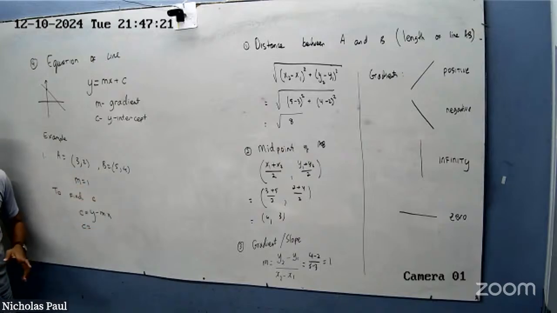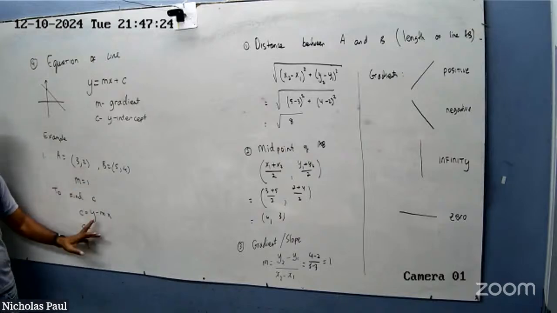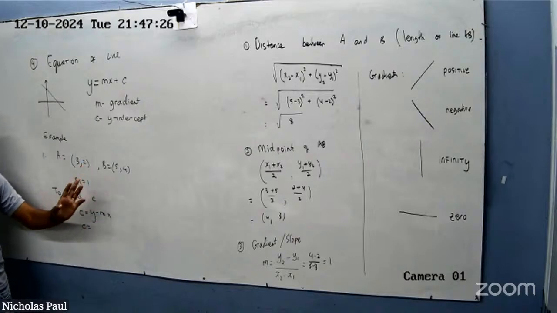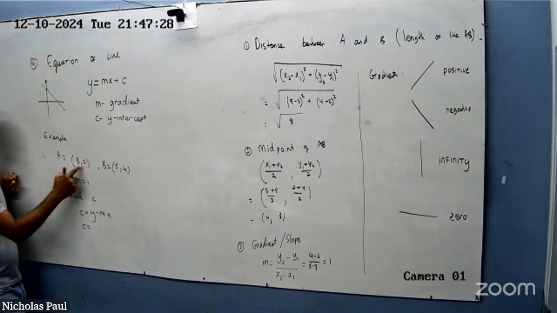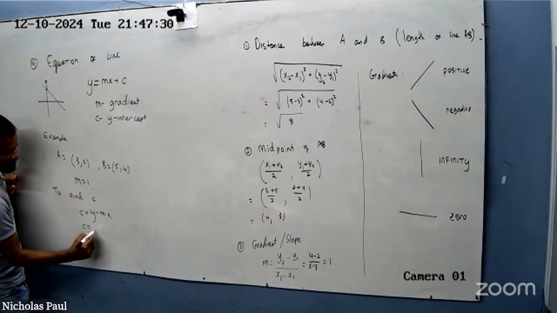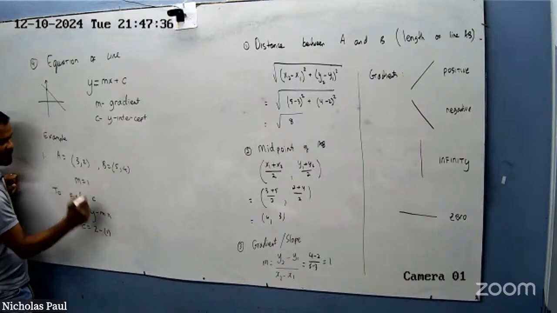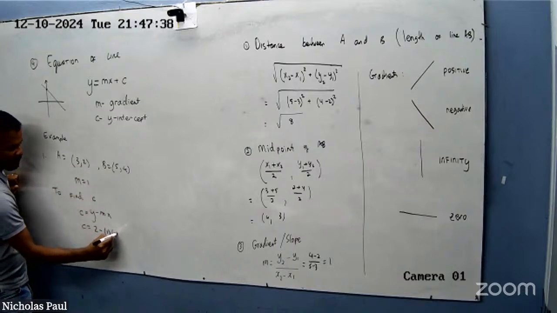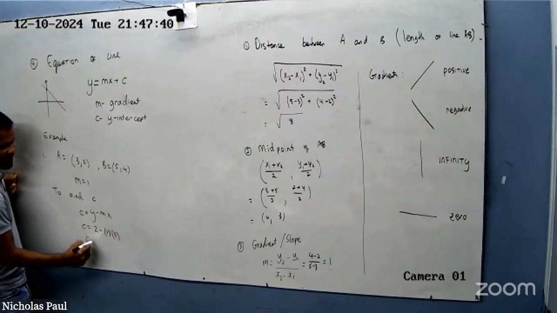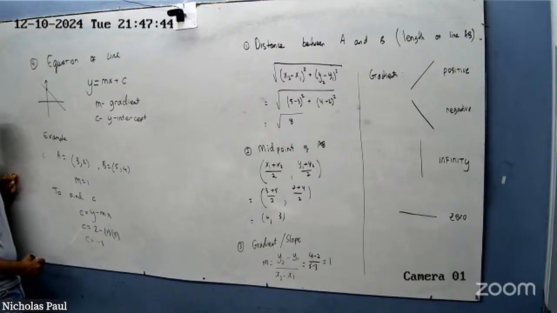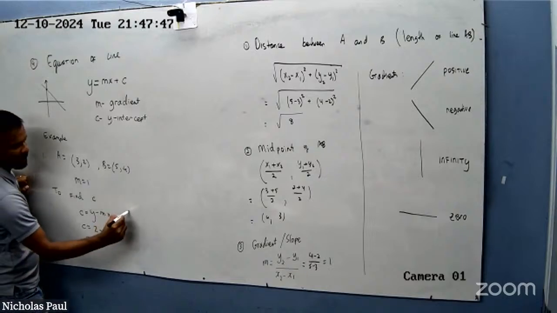No matter which one you choose, 3, 2 or 5, 4, it doesn't matter. I am choosing 3, 2. y is 2, m is 1, x is 3. So c is equal to 2 minus 3, which is minus 1. And that's it. We're done.